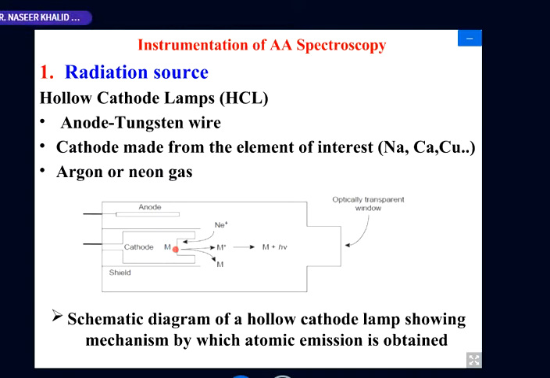They are so excited that some of the atoms are ejected from the surface, and this is called sputtering: the ejection of metal atoms from the surface of the cathode.